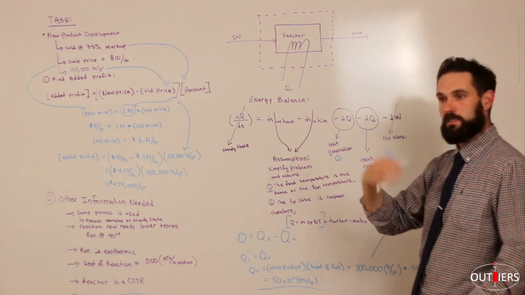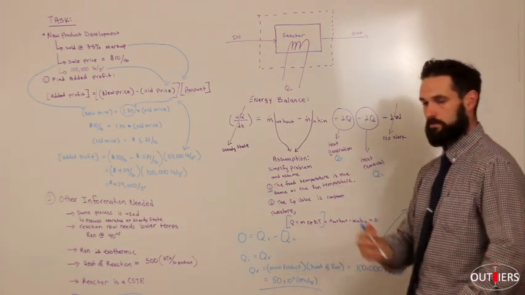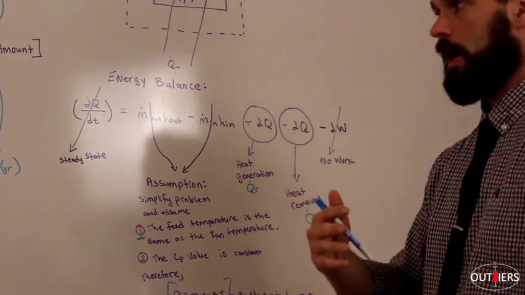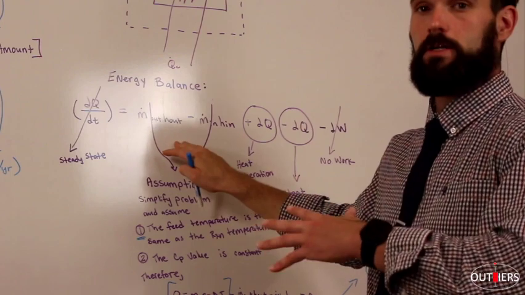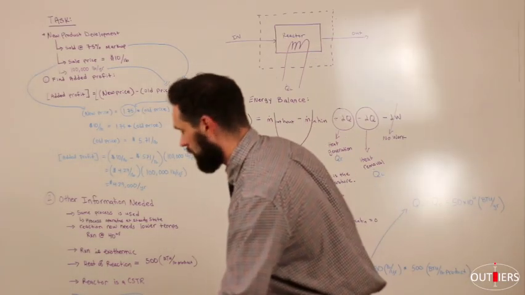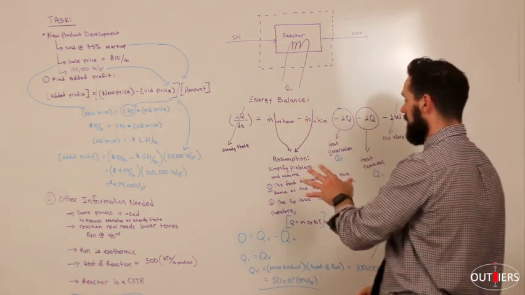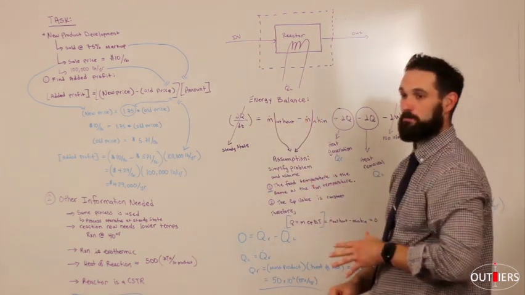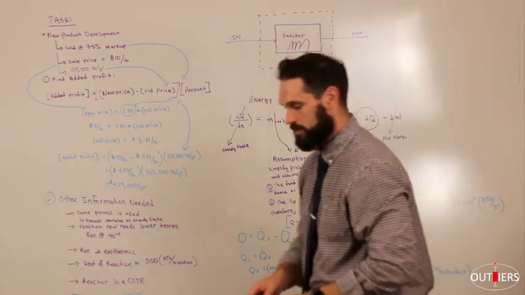I want you to know that because if you're doing this real evaluation, you may want to include that. However, to simplify it for our main purpose of assessing refrigeration, I've done it just for ease of calculation. Because at this point, we're really not trying to do an energy balance on this reactor. What we're trying to do is find out how much energy we need to remove so we can go and do our refrigeration calculations.